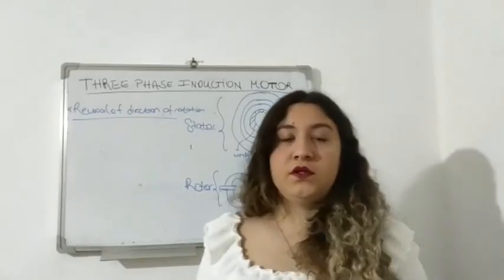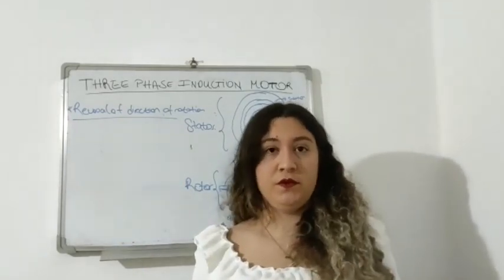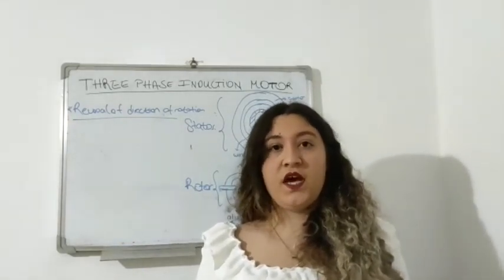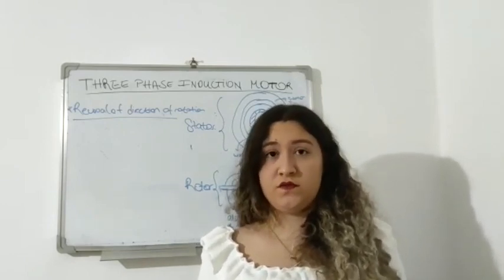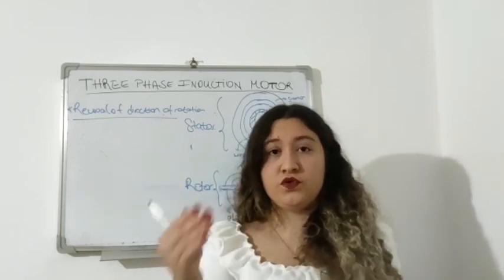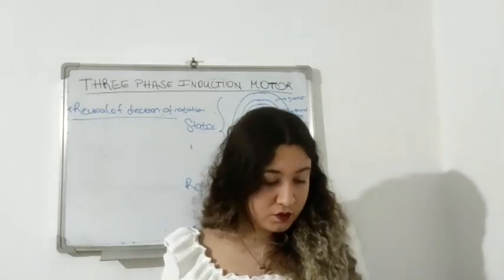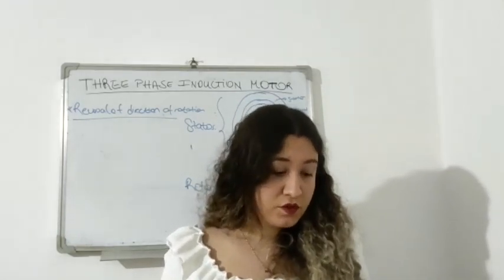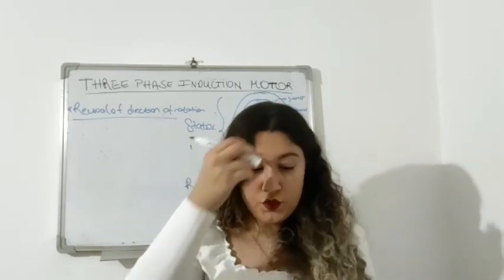Now I'm going to talk about the reversal of the direction of rotation. As I said before, we can change the rotation of the motor with the cable connection. We can change the cable connection, and the motor will turn in the opposite way. It can be reversed by interchanging any two of the three motor supply lines.